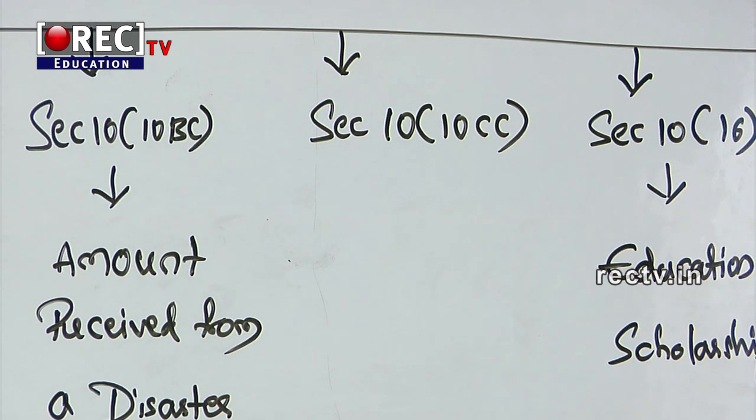In the hands of the employee, such tax paid by the employer is a benefit. However, such benefit is exempt in the hands of the employee under section 10 subsection 10CC. In the hands of the employer, such amount paid is an expenditure. However, such expenditure is not allowed for deduction as per section 40.